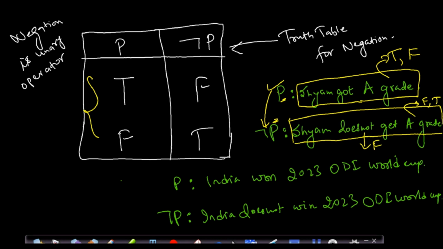Okay. Let us take another logical operator, conjunction, and there we can get the understanding of the truth table better, because it is not a unary operator, it is a binary operator.